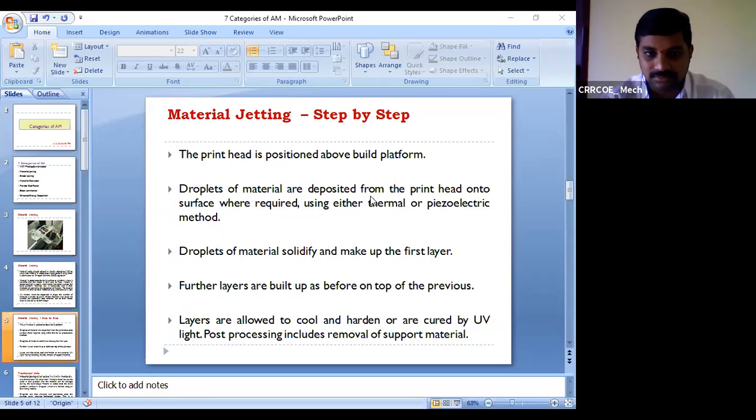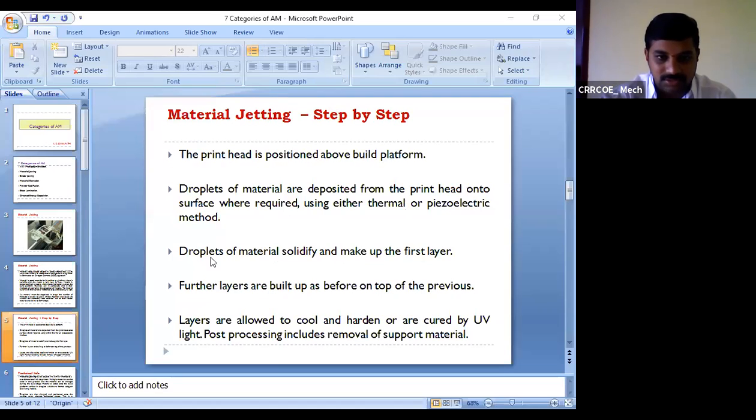For the droplet deposition, they have used 2 different methods: one is the thermal method and the second is the piezoelectric method. Any one of the methods you can use according to our material, it may be polymers or it may be wax materials. Droplets of the material solidify and make up the first layer.